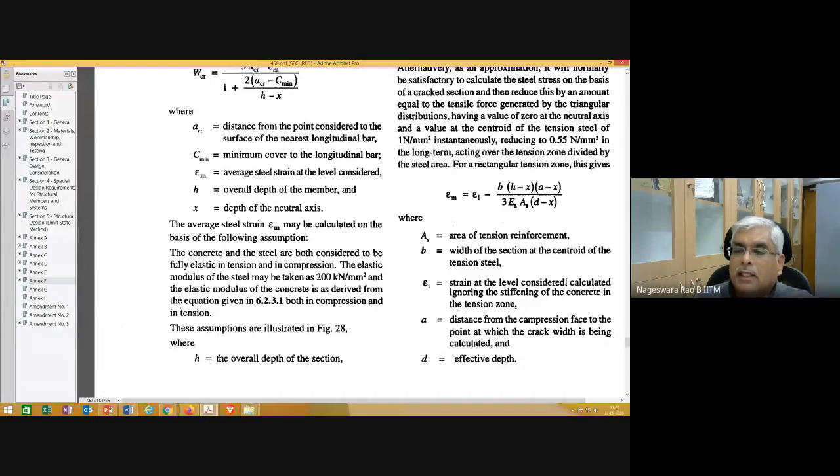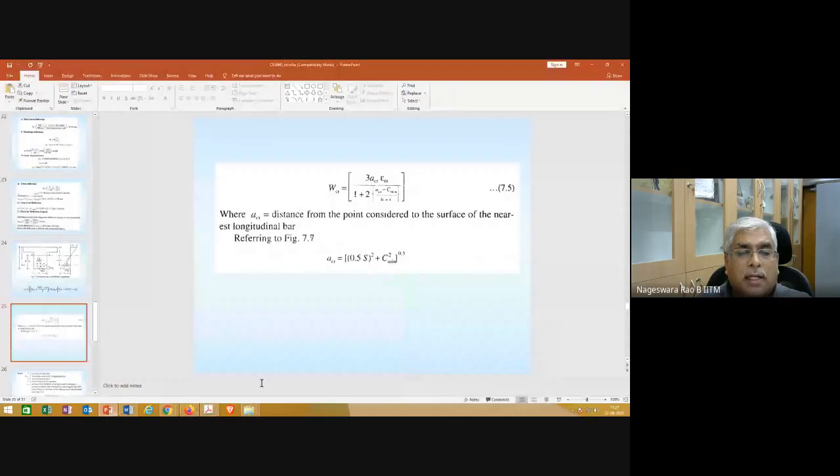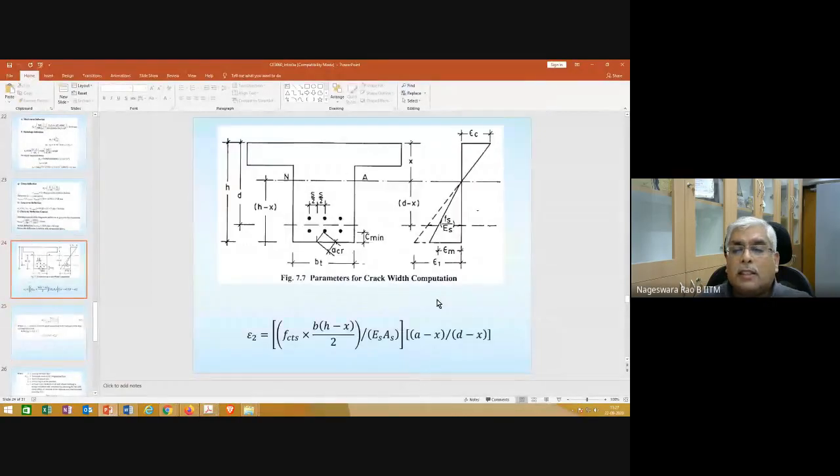Okay. So now let's see this figure. This epsilon 1 is the strain at the level considered. How do we get epsilon 1?